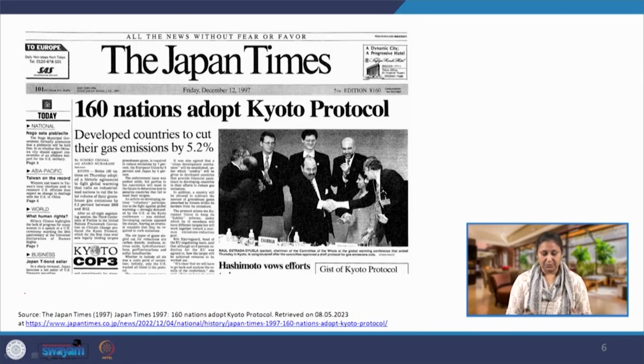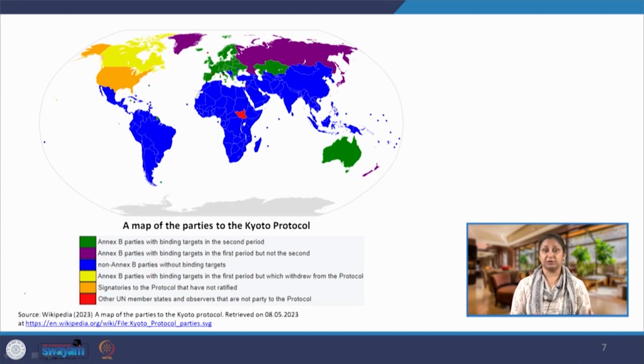So, this is just a clip where Kyoto Protocol, when it was proposed and gradually ratified, has been a successful protocol in that almost the entire world is a signatory to it, but it is not successful in the sense that we have still not been able to achieve what we wanted to achieve through Kyoto Protocol.